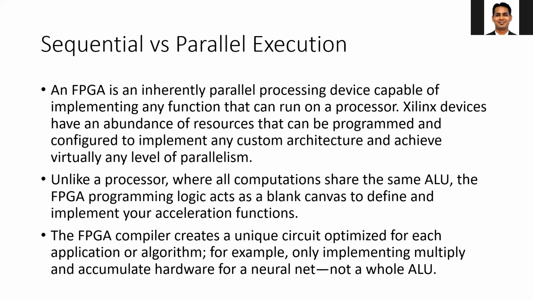So in the case of the FPGA, you have the dedicated MAC unit, which is optimized for the MAC operation, while in the case of the processor, your MAC operation is executed by the general purpose ALU, which can perform other operations in addition to the MAC operation, and it may not be optimized for the MAC operation.